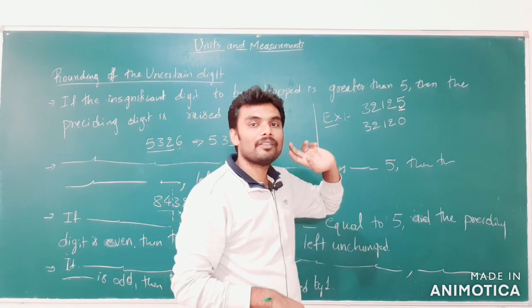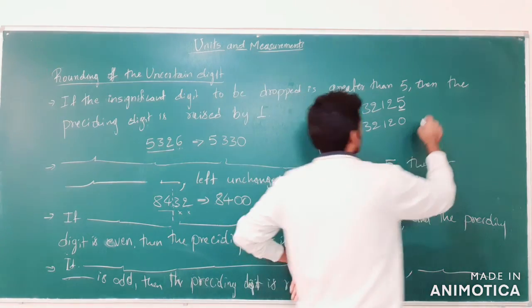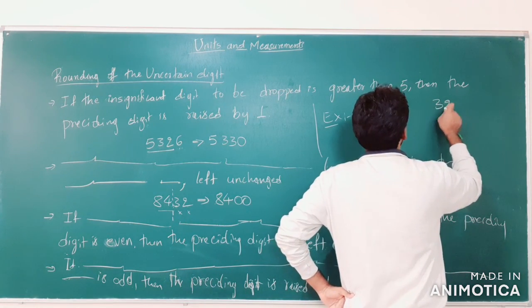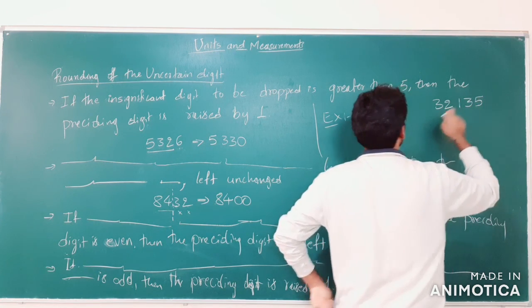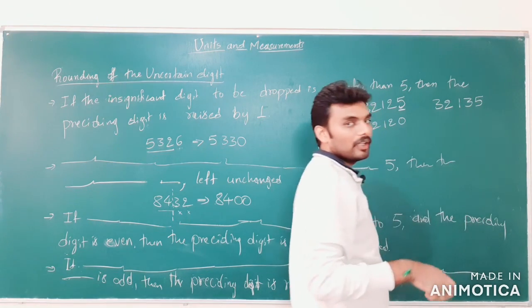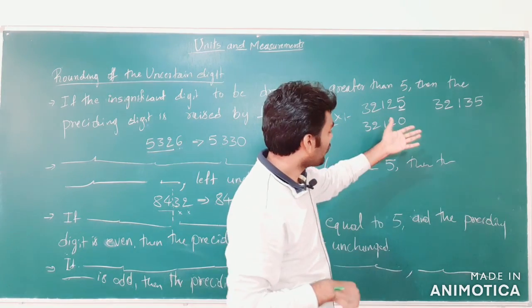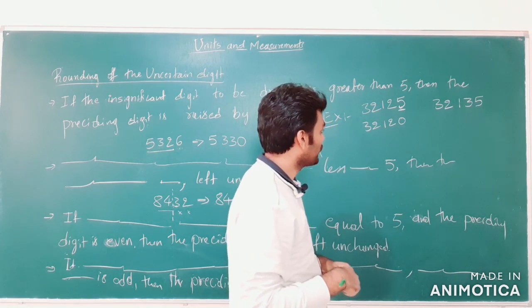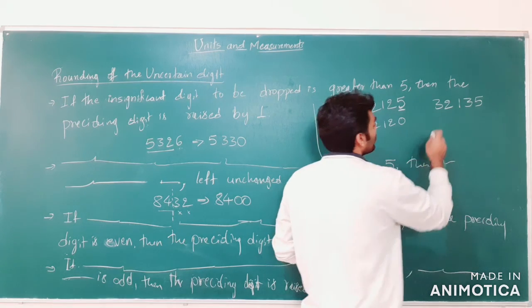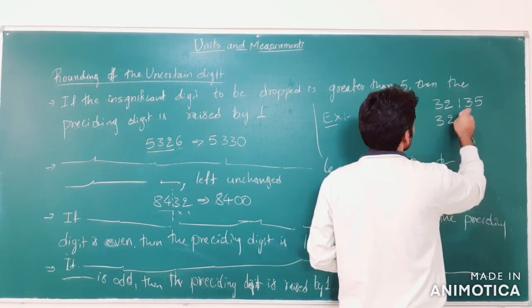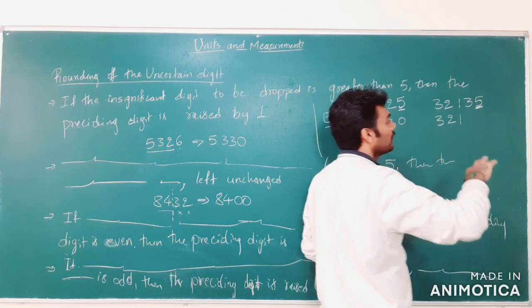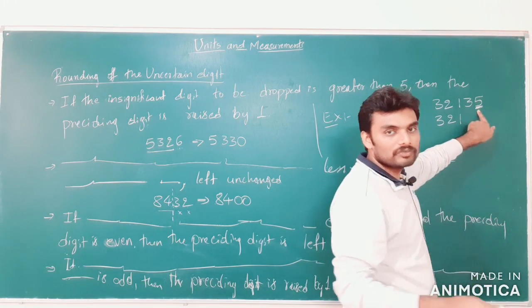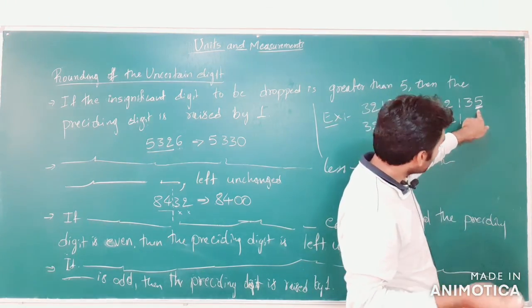But if I have the same number, instead of 2, say now I had 3 5, 3 2 1 3 5, and again I want to round it off to 4 significant figures, then it becomes 3 2 1. So this is the insignificant figure to be dropped, and it is equal to 5. Then what should I do?